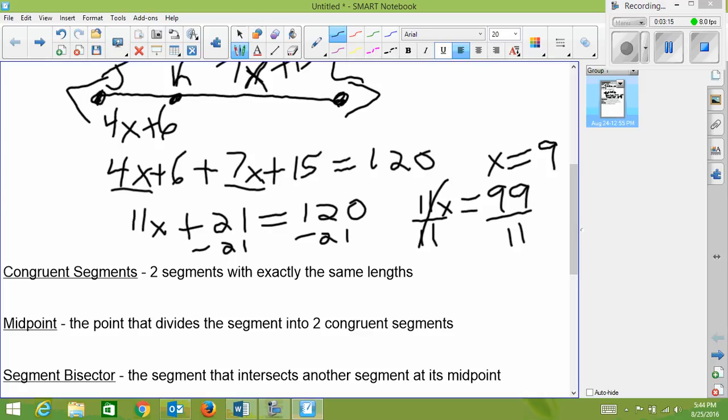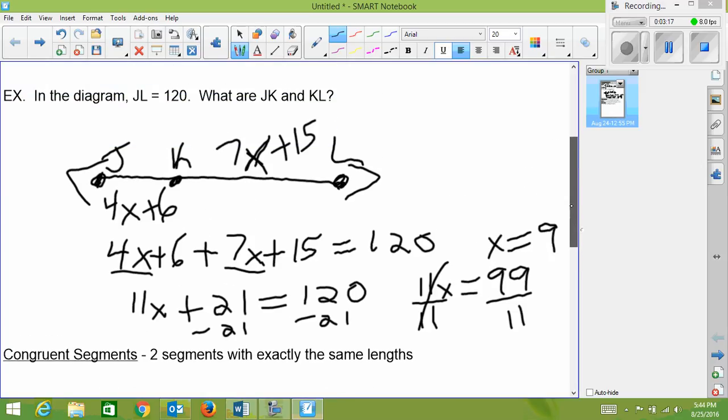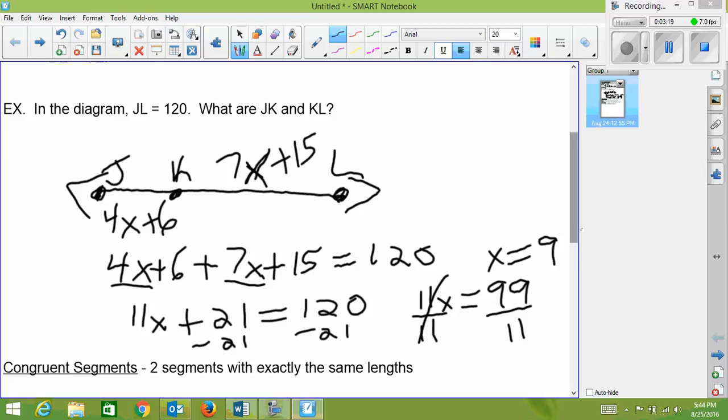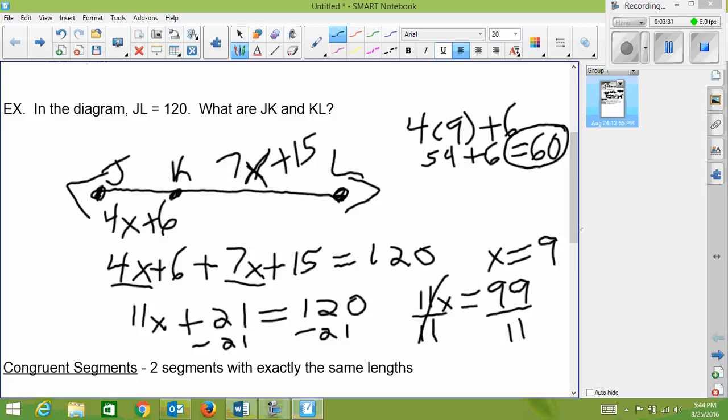And you can plug it back in to make sure that it works. So if I take this 9 and plug it back into 4x plus 6, so 4 times 9 plus 6, wait a second. 4 times 9 is not 54, it is 36. 36 plus 6 is 42.